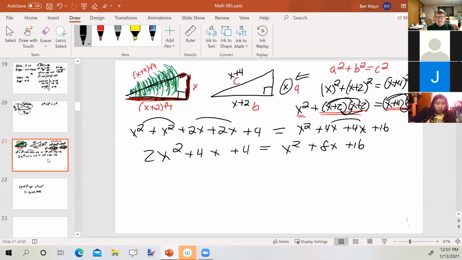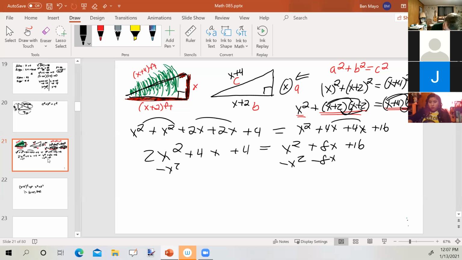I can see that this is a second degree equation, so I want to put everything on one side of the equation set equal to 0 on the other. It would be nice to have my leading coefficient positive. It'll just save me a step of having to maybe factor out a -1. So I'm going to put everything on the left side, because 2x squared on the left minus an x squared would still give me a positive 1x squared. So I'm going to subtract x squared from both sides.